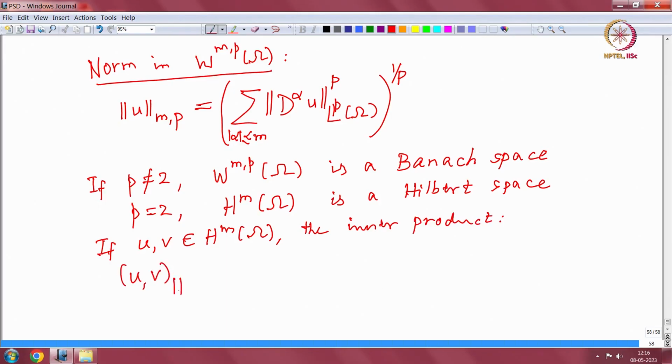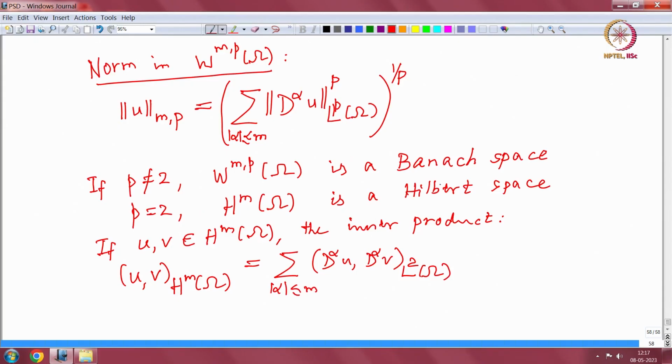Let me write in full. This is just the summation of ∫ D^α u D^α v in L²(Ω). So this is the inner product in L²(Ω), and you just take the sum over all α. Okay.